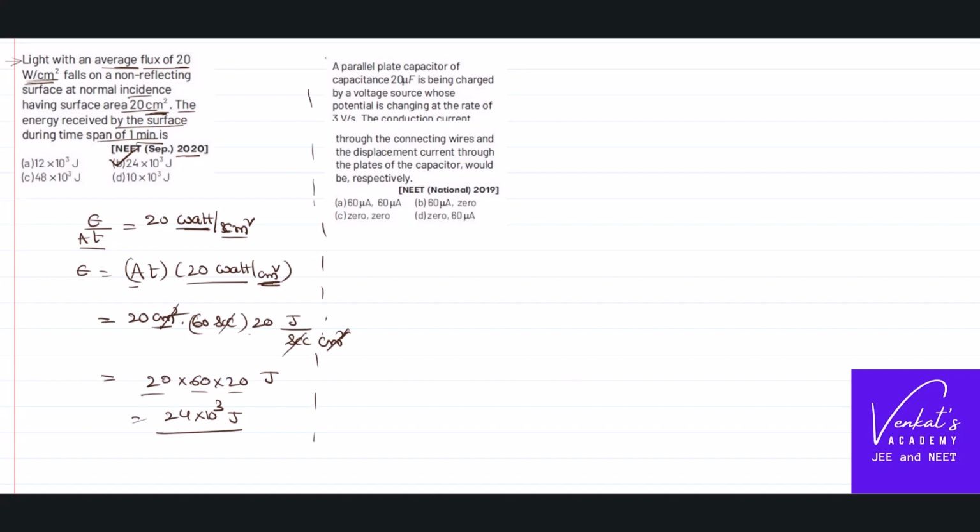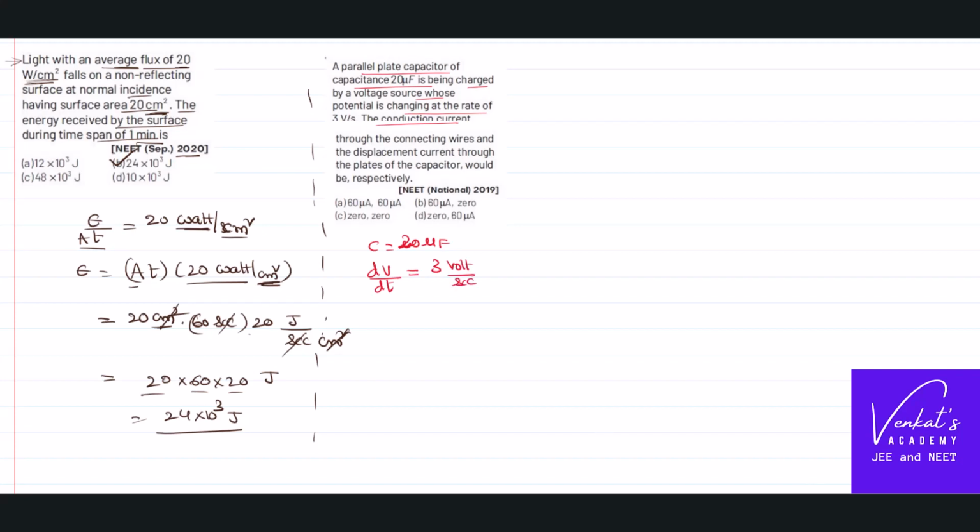Let's have a look at the next question. A parallel plate capacitor of capacity C equal to 20 microfarad is charged by a voltage source whose potential changes at a rate of 3 volts per second. That means dV with respect to time is 3 volt per second; dV by dt is given.